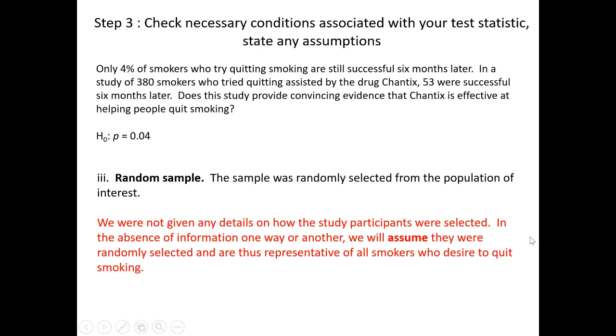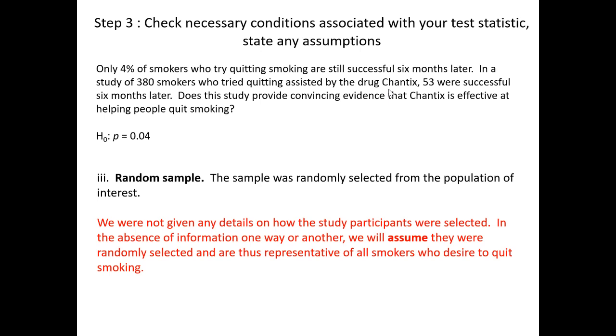All right. Lastly, these people in the study, how were they selected? Were they selected at random from the whole population? Well, all it says is a study of 380 smokers who tried quitting, assisted by Chantix. It doesn't say how they were picked. We don't know if they all lived in one particular area of the country or if they were all a certain age bracket.